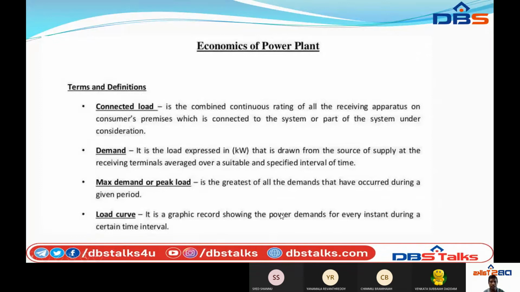In the hourly basis load curve, we take the graph on an hourly basis, that means the record is hourly. And then, when we take the graphical record for 24 hours, it is called the daily load curve.